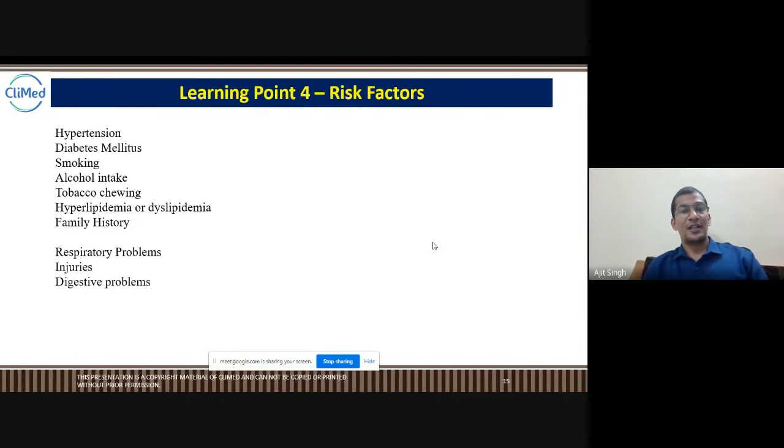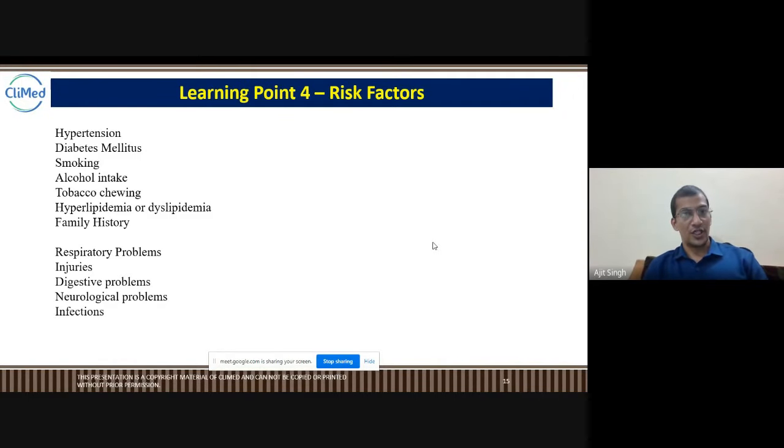Ulcers can be associated with your cardiac problems. Neurological problems, hemorrhage and other problems could be related to your cardiac problems.